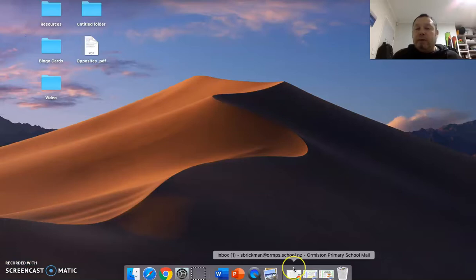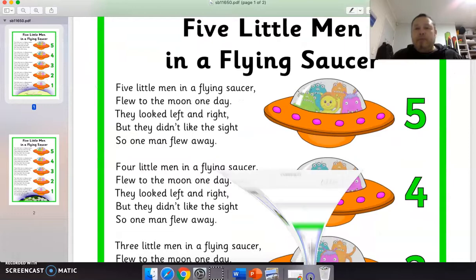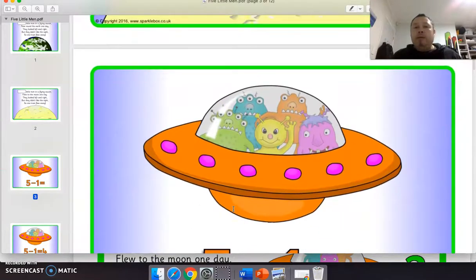Right, so as you can see, we're going to be counting numbers and we're going to be doing something called subtraction. So if you remember on that video, we had how many little men in the flying saucer?